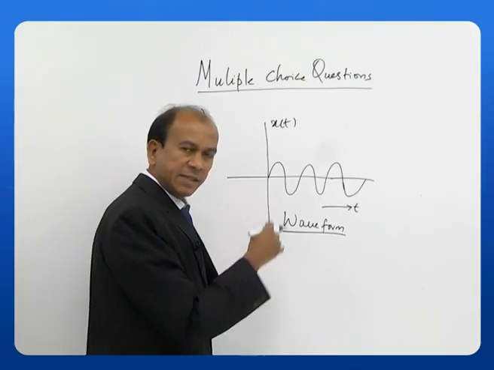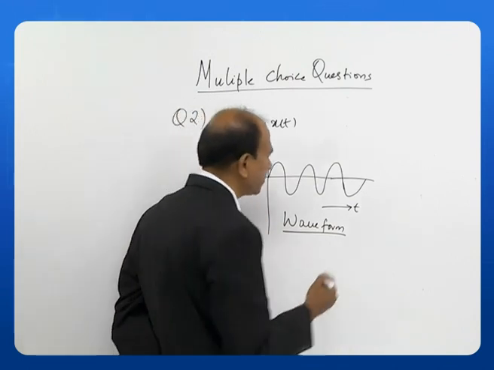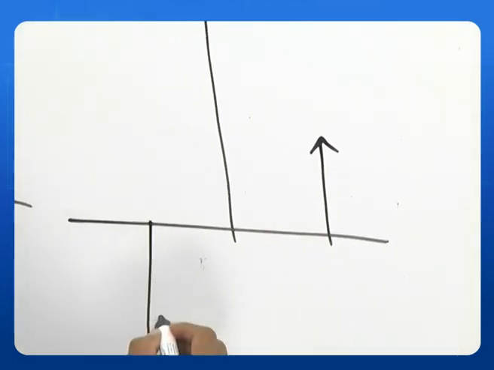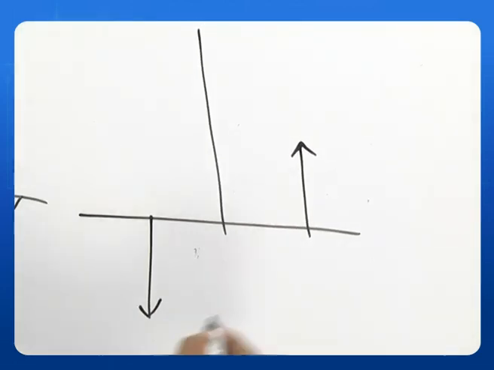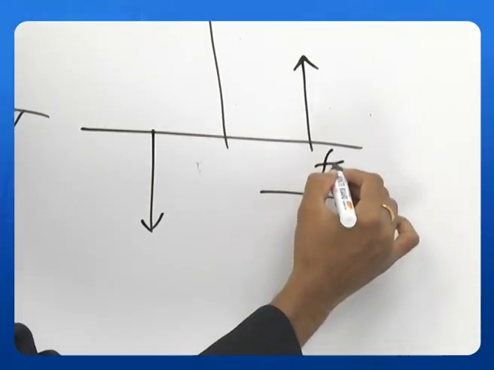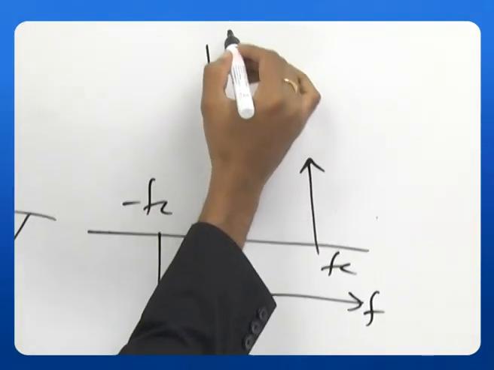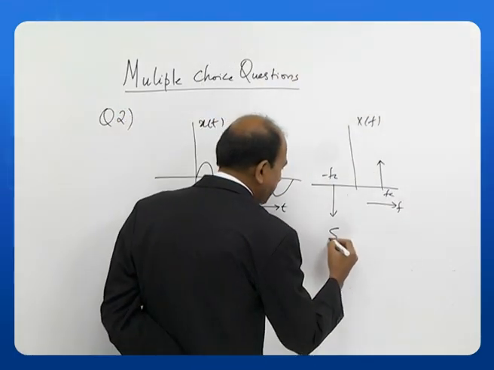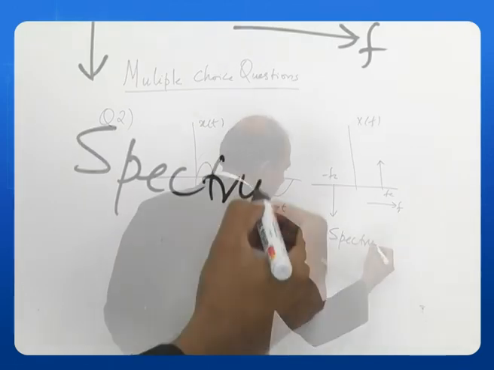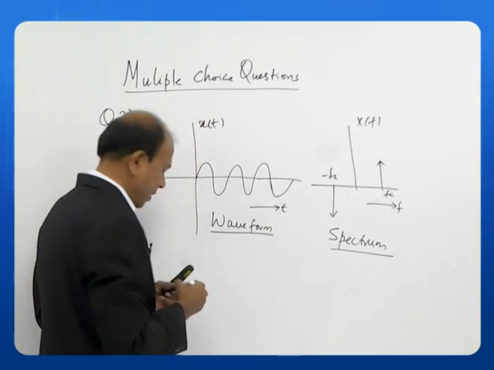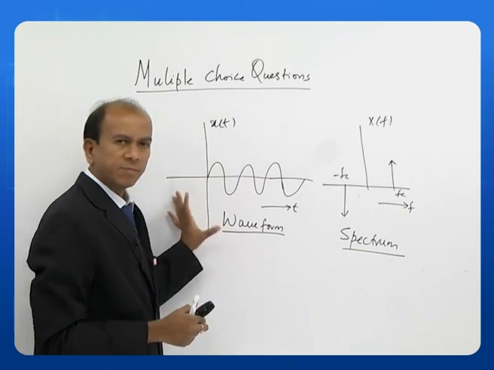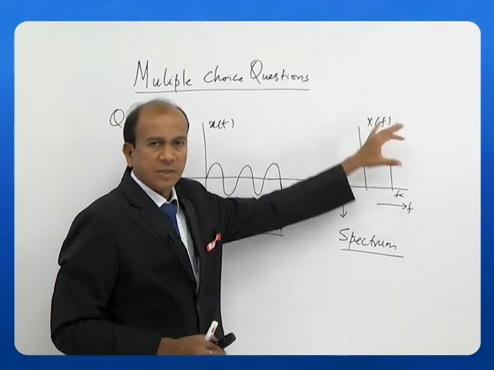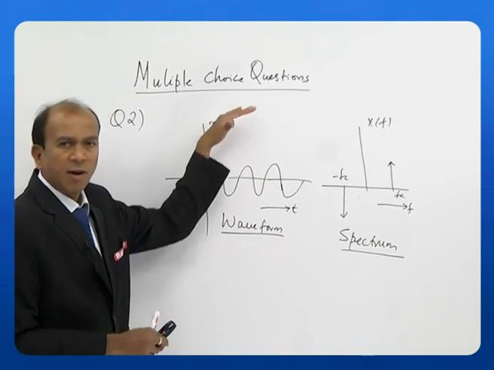Now, the same signal, if I represent it in the frequency domain, let us say I have something like this, in terms of frequency. This is a certain frequency and this is a certain frequency, and this is X of f. This is called a spectrum. If you see this, the waveform is continuous whereas the spectrum is discrete.